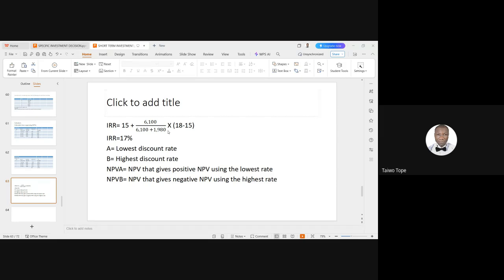So talking about relevant cash flow for capital investment, the relevant cash flows are cash flows that must relate to the future, and must be directly attributable to the course of action that the investment decision is to be taken on.